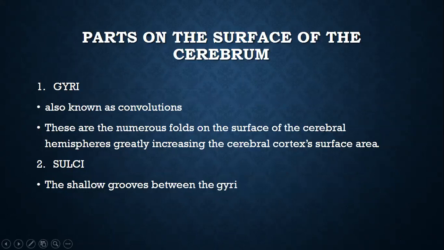On the surface of the cerebrum, you have the gyri, also known as convolutions. These are the numerous folds on the surface of the cerebral hemispheres, greatly increasing the cerebral cortex surface area. And we also have the sulci, the shallow grooves between the gyri.